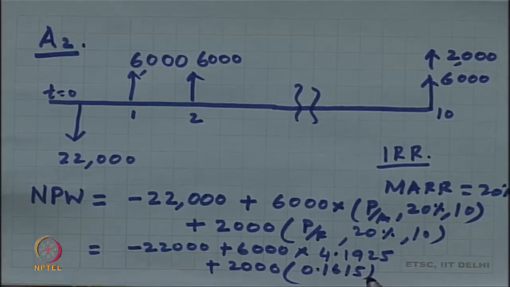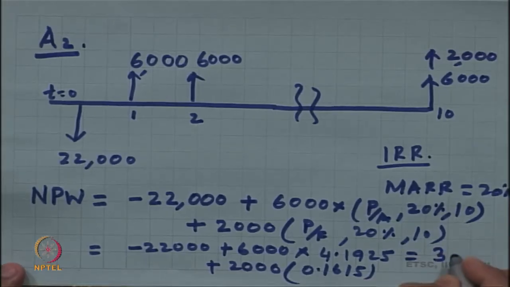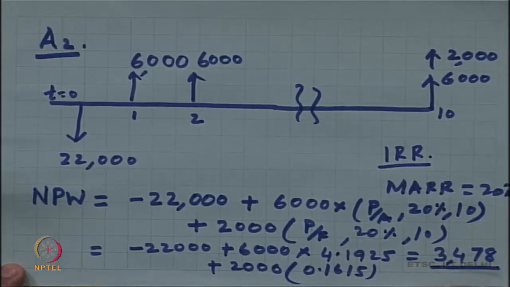You will calculate this value and you will obtain a positive value of 3478. Now, this NPW of positive 3478 represents that we are getting an internal rate of return more than 20%.